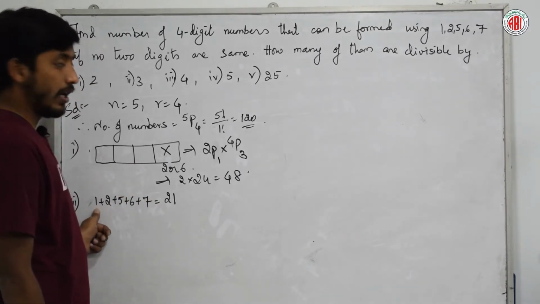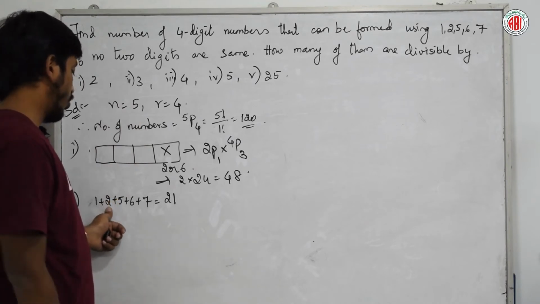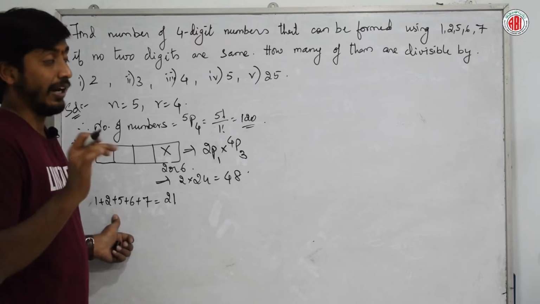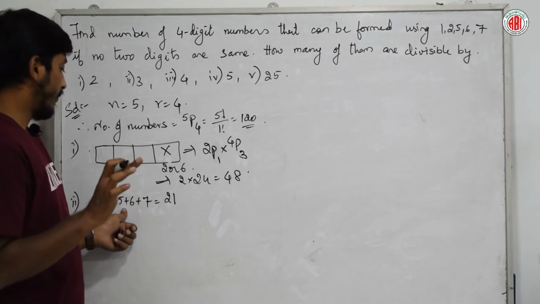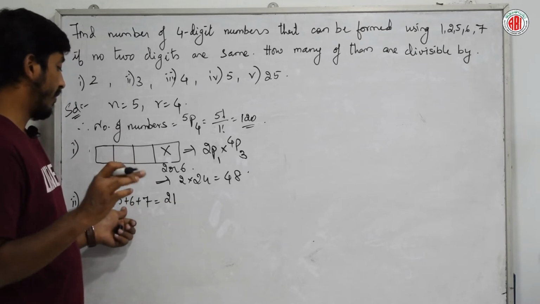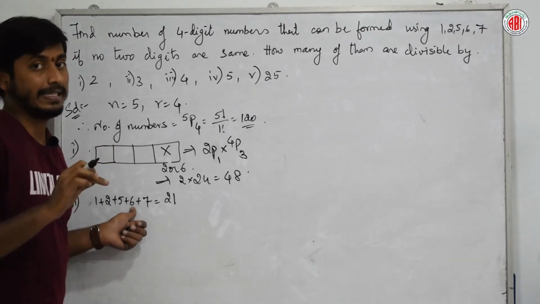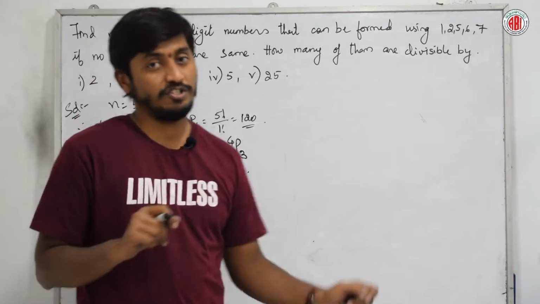If I remove 1, it is not fine, we get 20. If I remove 2, we get 19, which is also not divisible. If I remove 5, we get 16, which is not possible. If I remove 6, it is possible. So in how many ways can we arrange it?